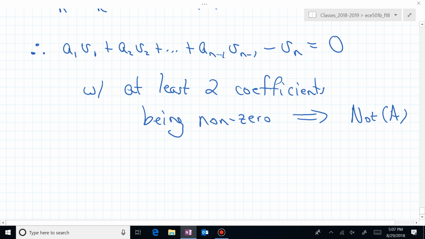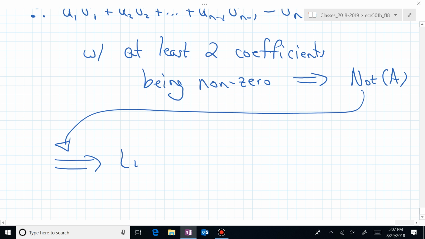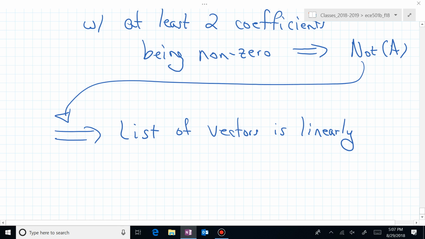Now we know that the list of vectors is not linearly independent, it's linearly dependent, and that's what we needed to show. We needed to show that not B implied not A, and we've now shown that.